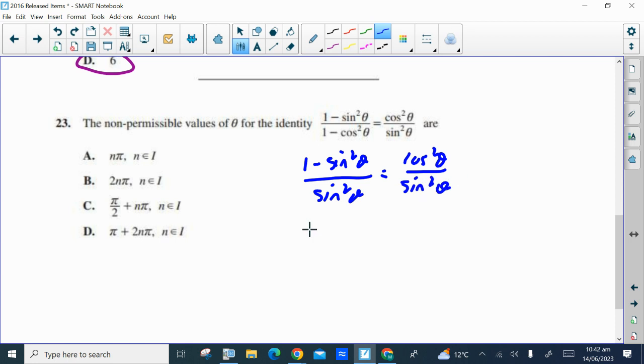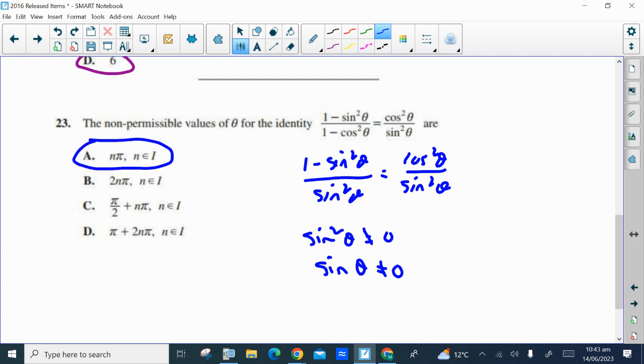So your restrictions here are that sine squared theta cannot equal 0, which means sine theta cannot equal 0. And sine, the y value, is 0 at 0 radians and pi radians. So every multiple of pi. And that is why A is the correct answer for the non-permissible values.